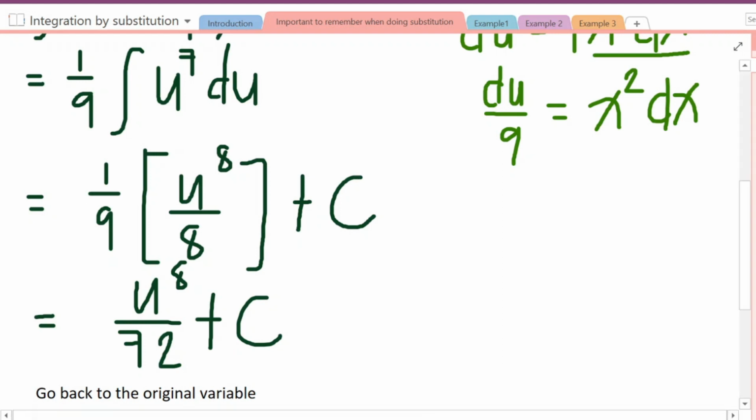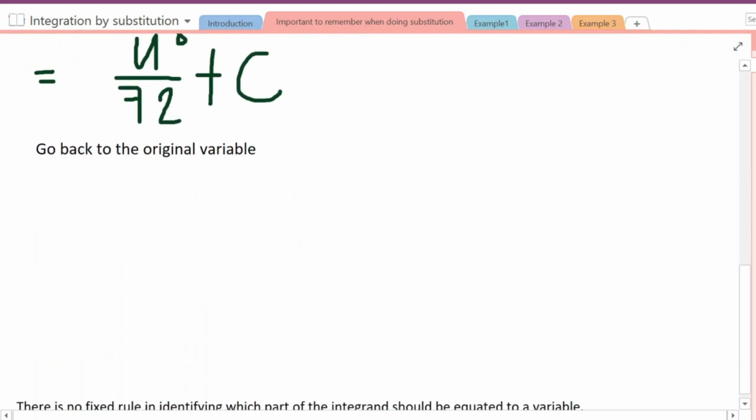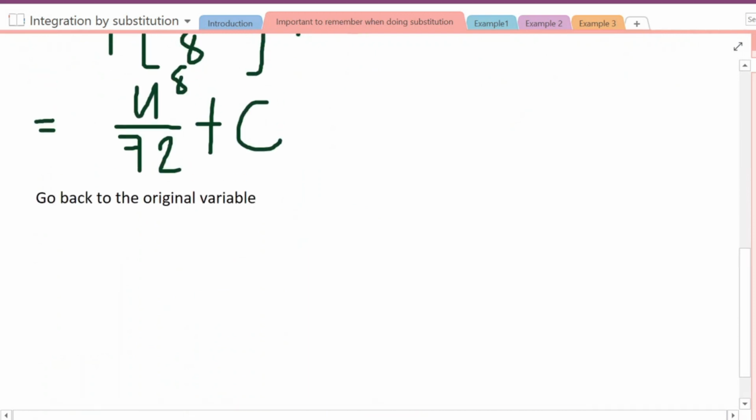Another point that I want to emphasize here is that whenever we're going to introduce a variable, the final result, the result after integration, should be in the original variable x. So we do not stop with this answer u raised to 8 over 72 plus c, but we need to change it back to our original variable, and that is the variable x.